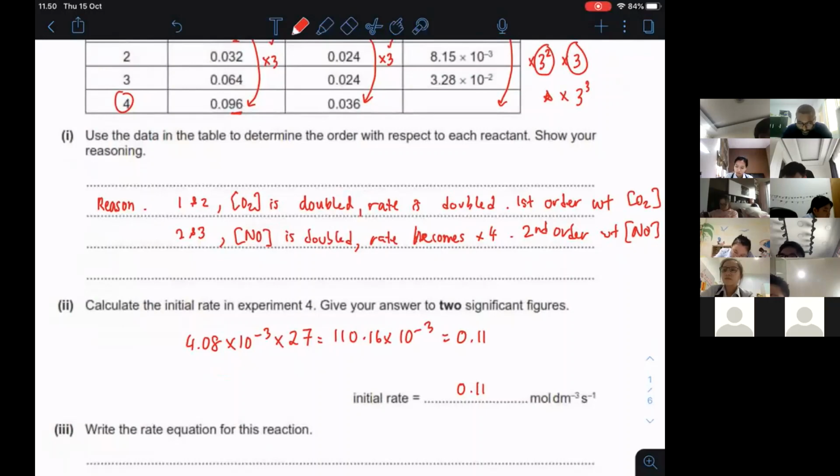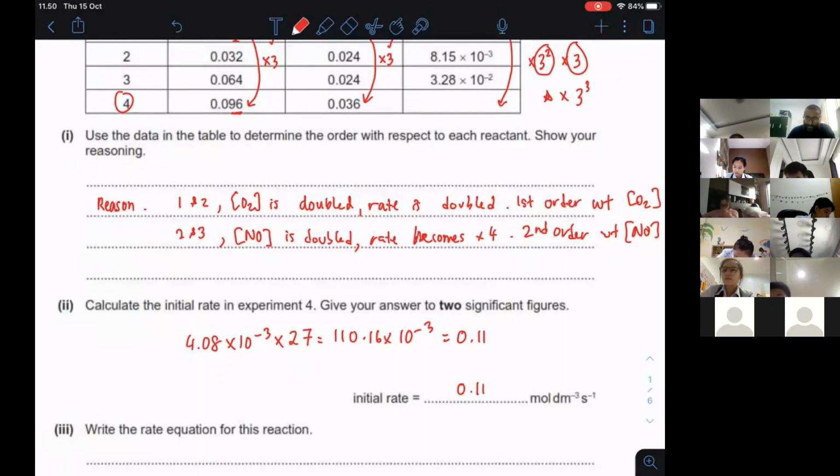Justin, my answer 0.11 is the same when you use the K. Jody, Charlton. Yes. Right.